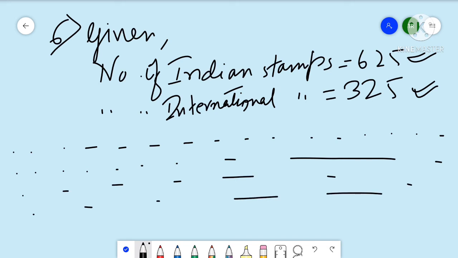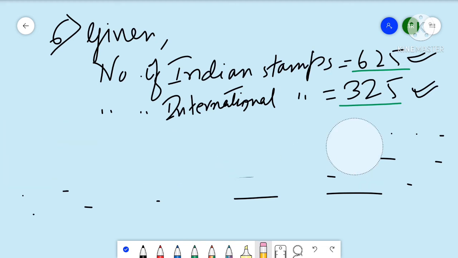So what is the largest number of groups that she can form? In order to find the largest number of groups, we need to find the common factor. Means we are going to divide these numbers 625 and 325 into their factors, right? Let's try one more example so that it's easier for you to understand. Suppose I ask you to form groups of 15 elements.